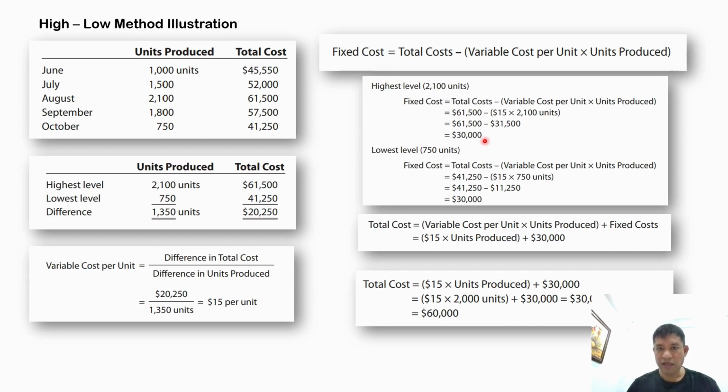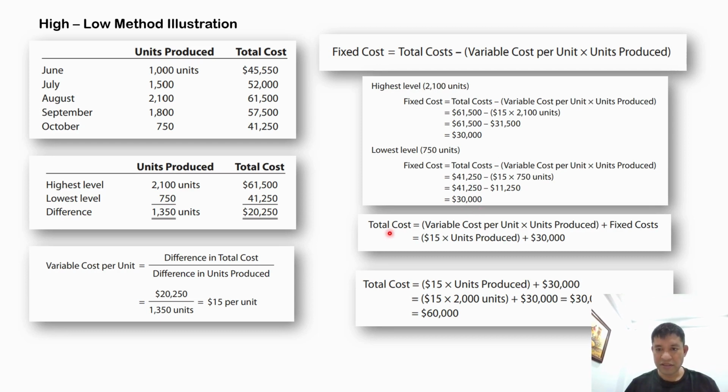And this is equal to $30,000. And for the lowest level, the fixed cost is equal to the total cost, which is 41,250, minus the variable cost per unit, which is $15, times 750 units, which is also equal to $30,000.